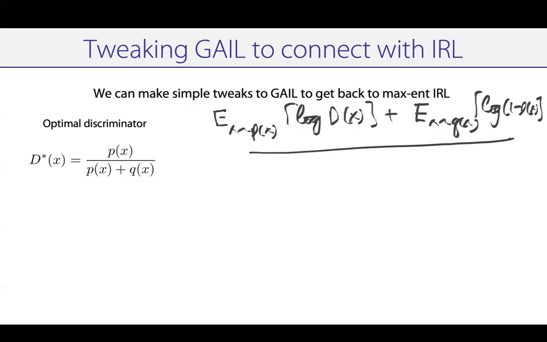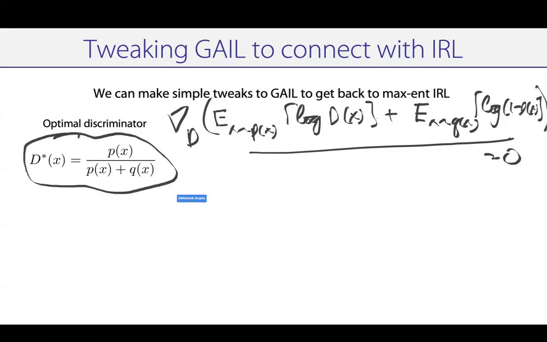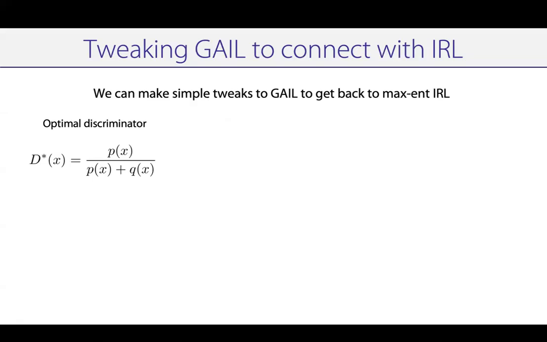If you take the gradient of this thing with respect to D and set it to 0, you'll get that the optimal discriminator is something like this. And so it passes our sanity checks, right? Because if P and Q are the same, it'll be half. If they're not, it's not going to be half. So you can show the optimal discriminator by writing out the binary cross entropy objective, taking the gradient with respect to D, and setting it to 0, which comes out to P over P plus Q.